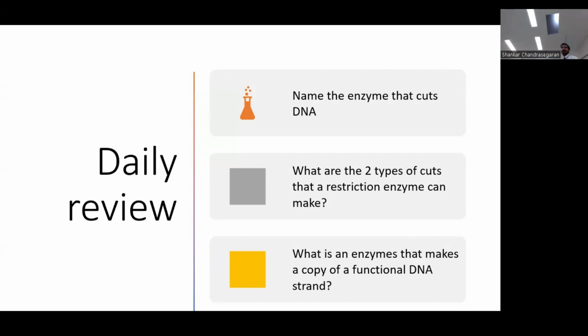Okay. Next question: what are the two types of cuts that restriction enzymes can make? Can I get Mare? One is a kind of cut that has an attraction, and the other won't have any attraction. All right, anyone want to help out? Gavin, what are the two types of cuts?